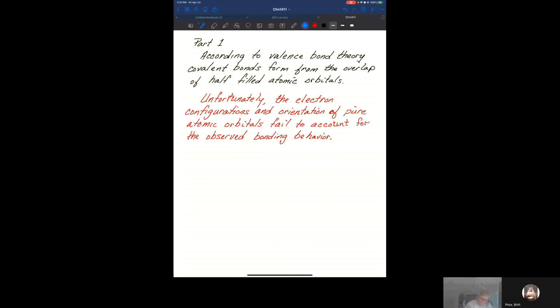Rather than sit strictly with these atomic orbitals, it was postulated that these bonds were being made by overlap of half-filled orbitals, but they weren't pure atomic orbitals.